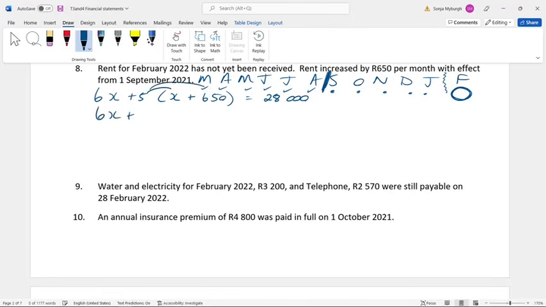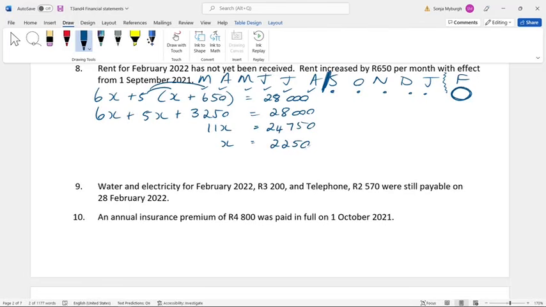We multiply that one in, 5x plus 3,250. We know we can add those two. We want to get rid of the 3,250. We subtract it from the 28,000, 24,750, and if we solve X, 2,250.